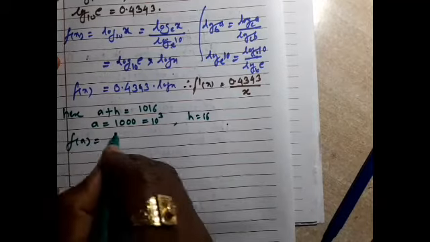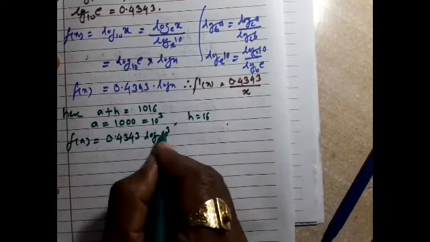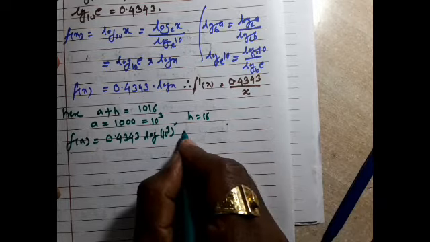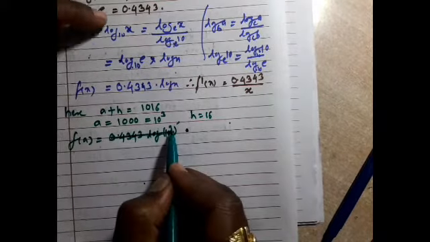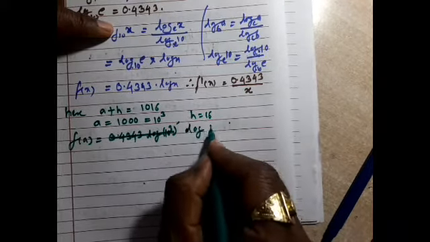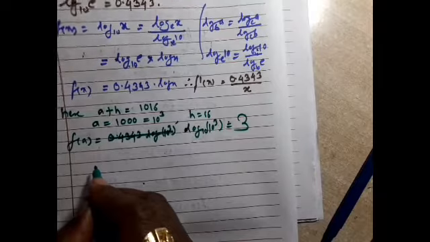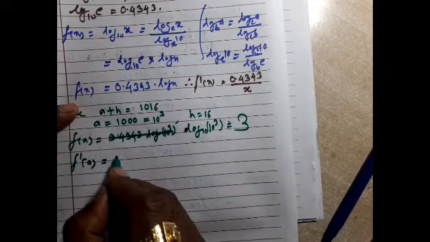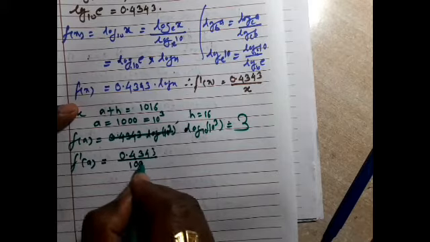Therefore, f of a is log 10 raised to 3 to the base 10. That is 3 into log 10 to the base 10, which is 1, so f of a is 3. And f dash a is 0.4343 upon 1000.